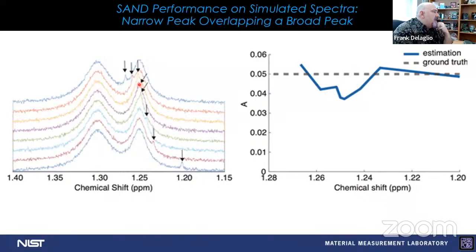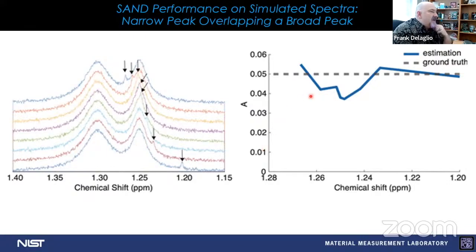And in 1 or 2 of these series, the small signal is so far into the interior of the larger signal that it can't even really be seen visually. So a human analyst might have a problem identifying this small signal in the presence of a bigger, broader one.